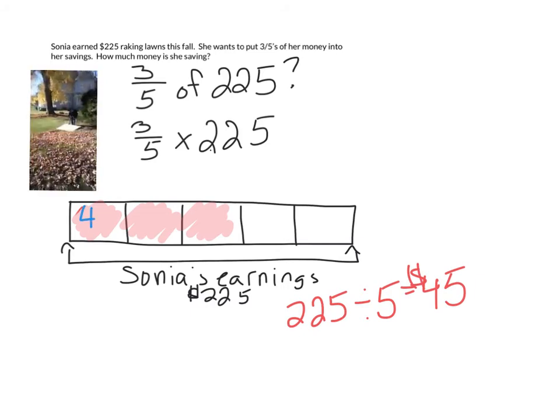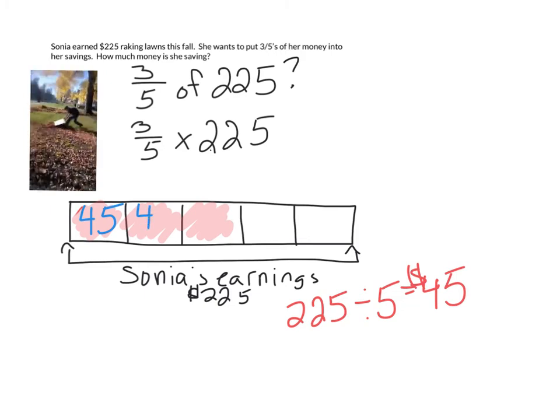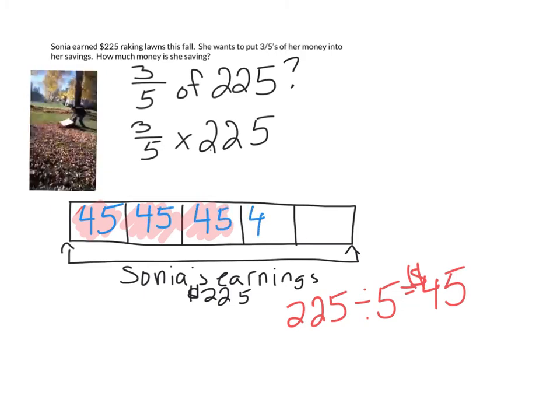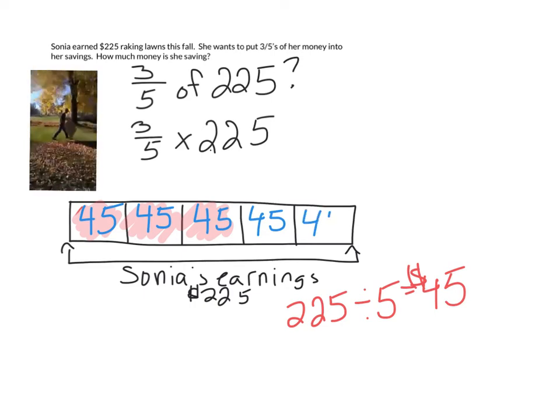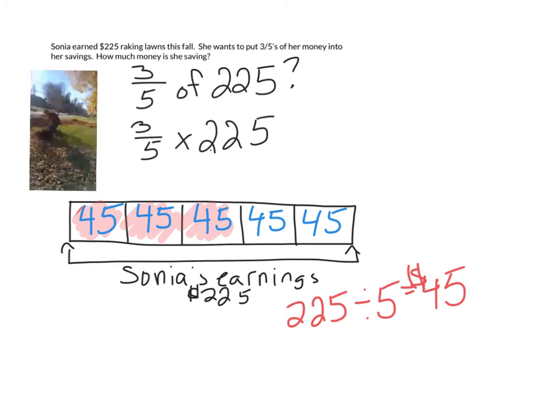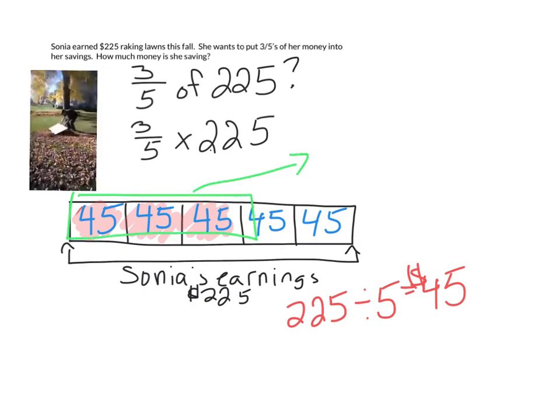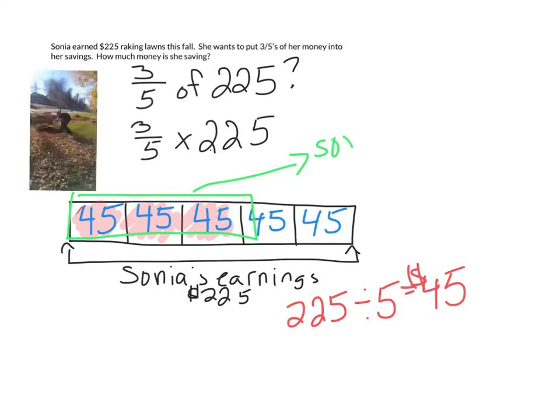So now what I can do is fill in each of these pieces to represent the $45. If I took 45, multiplied it by 5, I would end up back at the $225 that she earned. If I look at this 3/5 then, this represents what Sonia wants to save.